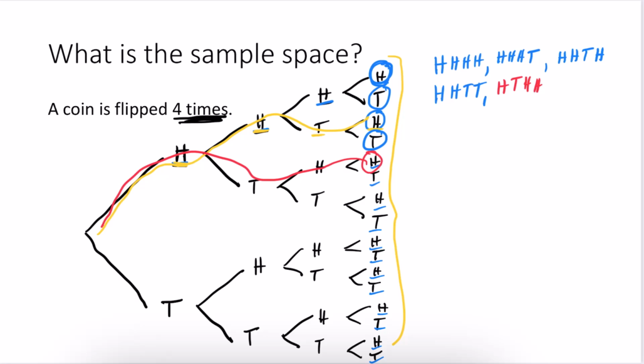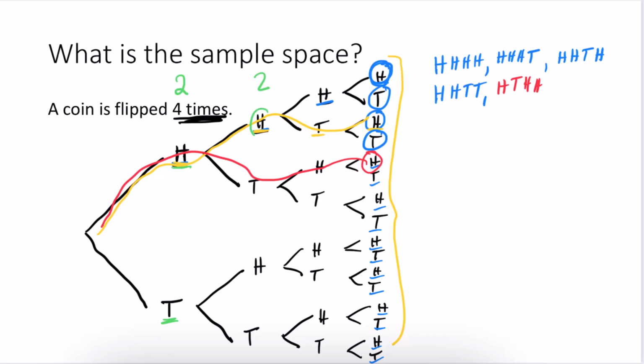Because if you look at how this choice tree was built, you'll notice that there's a mathematical pattern to it. In our first choice, we started off with 2 choices because we had heads and tails. And then for our second choice, we also had 2 choices, but those 2 choices were branching off of our previous 2 choices.